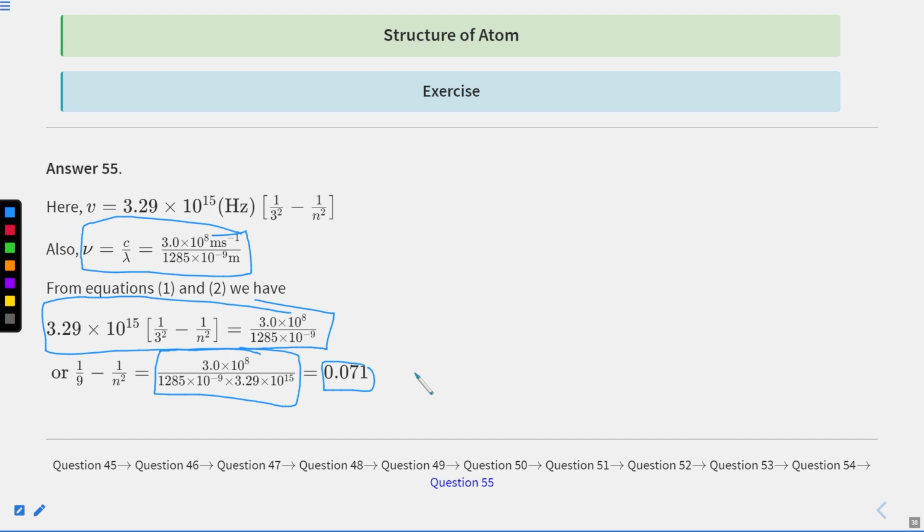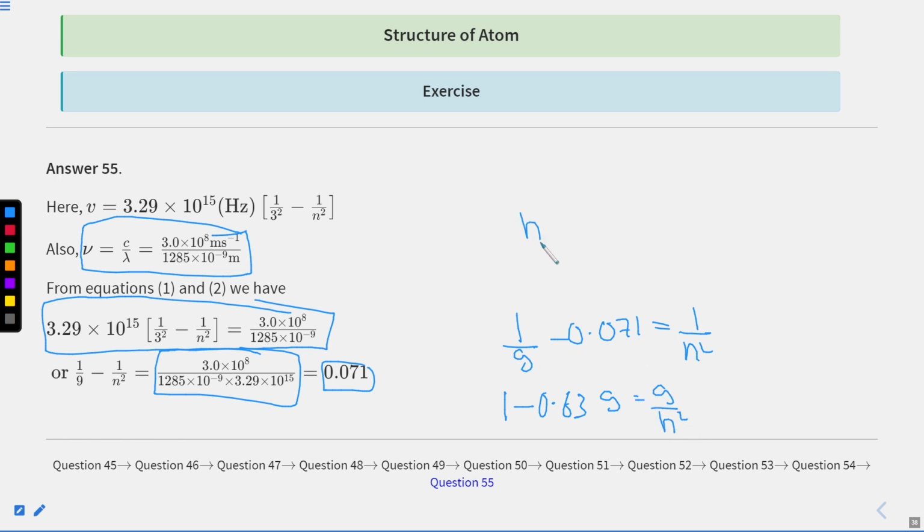And if you bring it here, that would give us 1 by 9 minus 0.071 is equals to 1 by n square. If I subtract it, 1 minus 0.071 gives 0.639, and 9 will be multiplied on this side by n square.